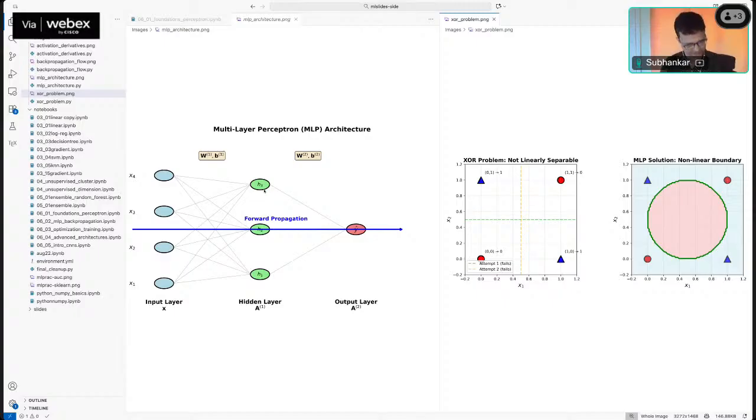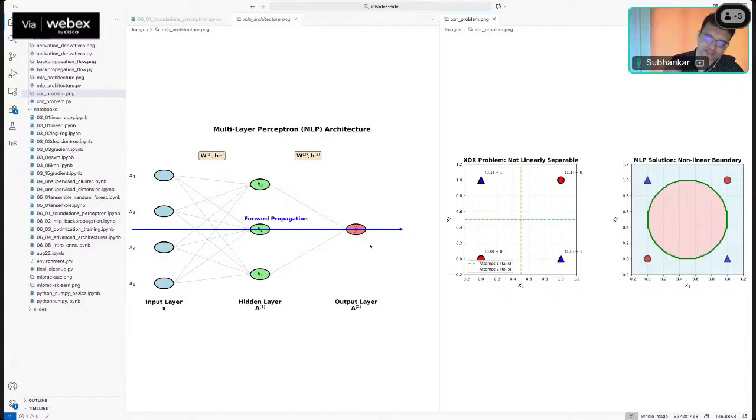Then we apply an activation function, let's say ReLU here, and then that output is ready to go from H3. Similarly, it happens with H2, and similarly with H1. All these three outputs again go and join with Y here.